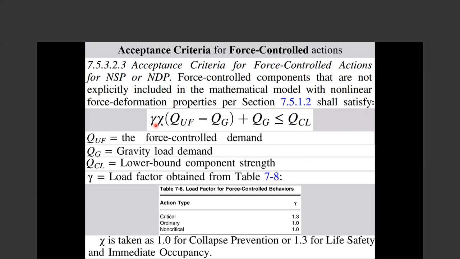But if you look at collapse prevention, you don't need it. So for life safety and immediate occupancy, they increase the level of the demand in the force control element, but for collapse prevention, they don't.